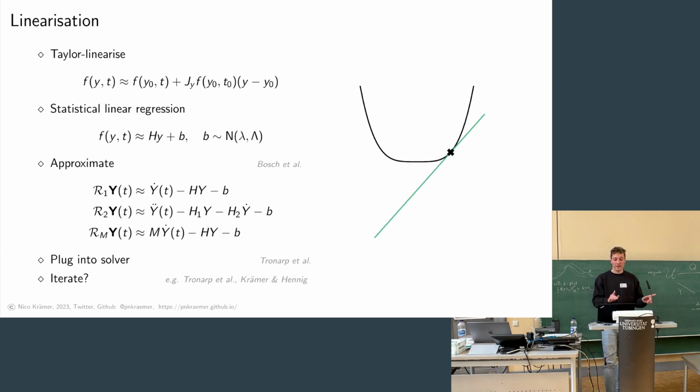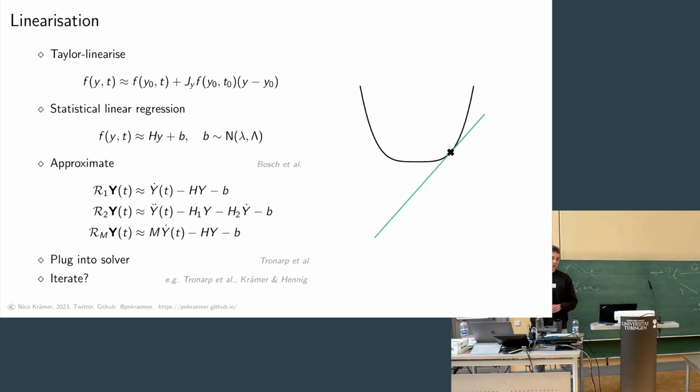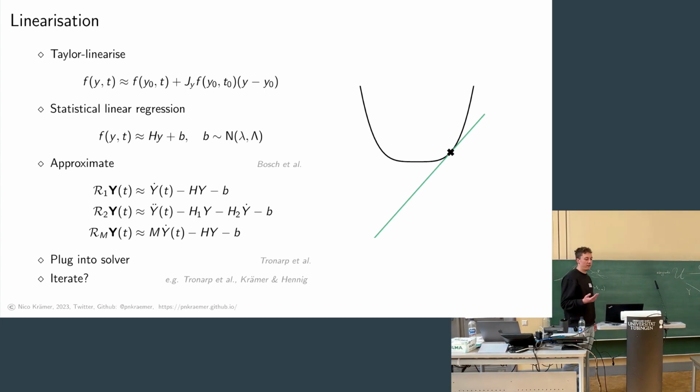Again, this is basically what Simo explained earlier with his filter explanations. So if we linearize with a Taylor series, then we're in the world of extended Kalman filtering or smoothing, depending on what we do with it. Statistical linear regression then leads to, for example, the unscented Kalman filter. But everything on this slide is known to you already.